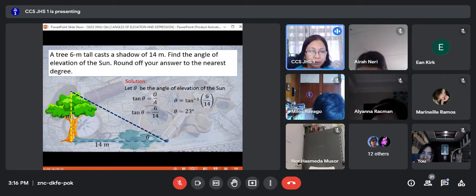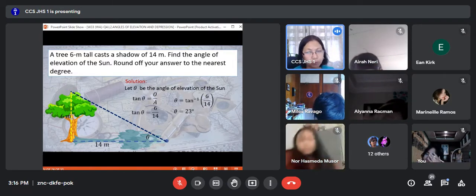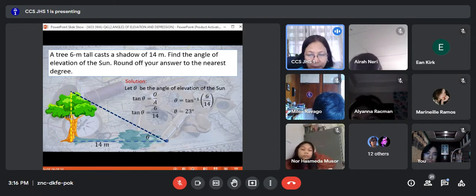The 2 is less than 5, so you drop the 2. So the answer is 23 degrees.